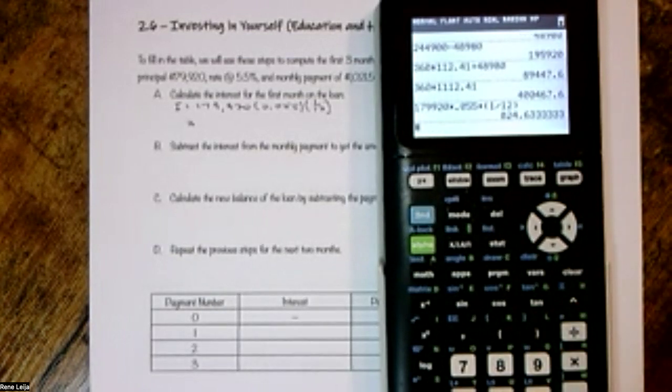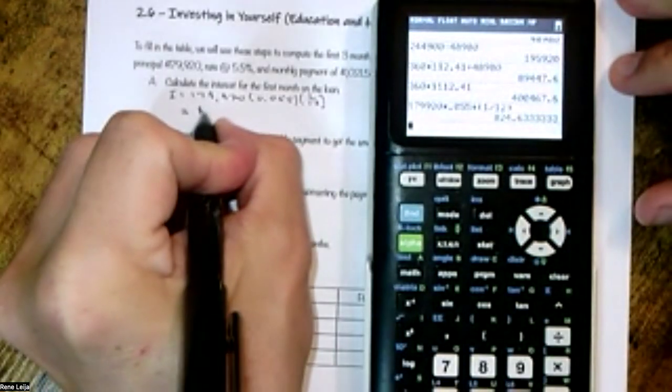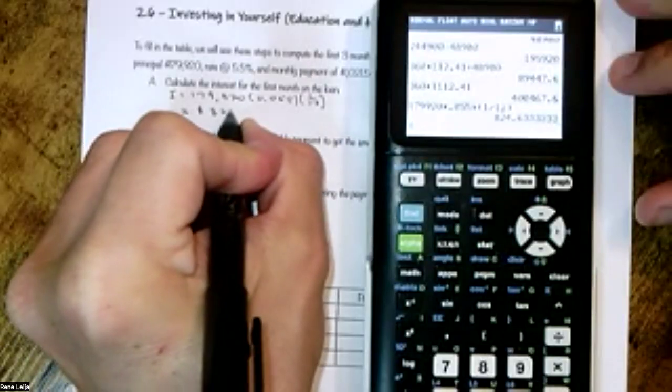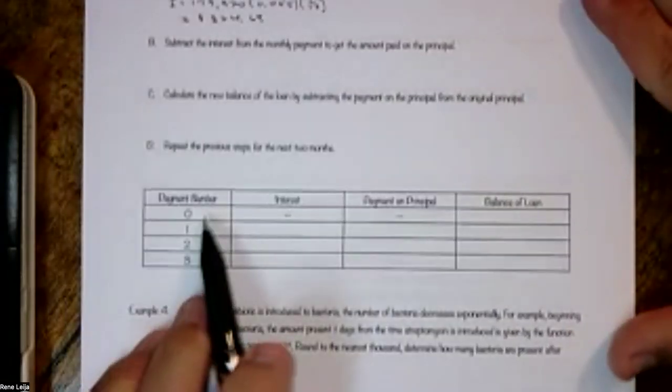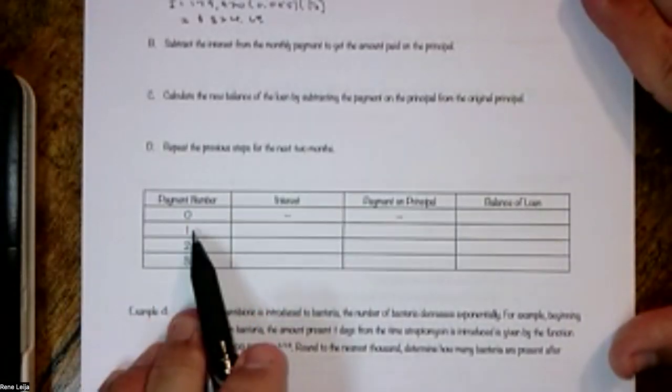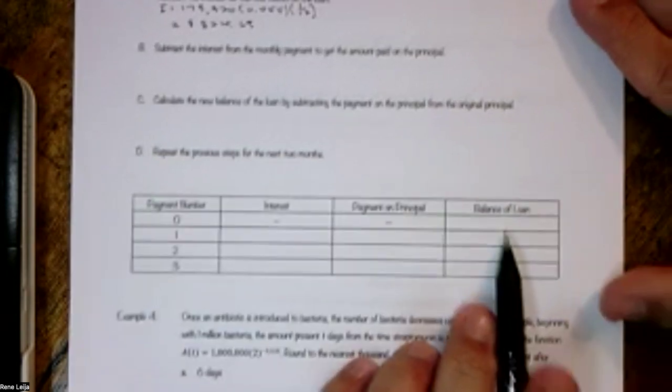Okay, now we round. So our interest for the first month is going to be approximately $824.63.